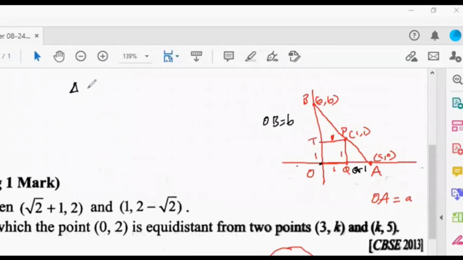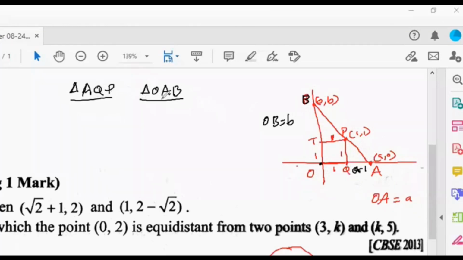Now you take two triangles. I take the small triangle AQP, which you can see on the right side, and the larger triangle OAB. Are their angles equal?